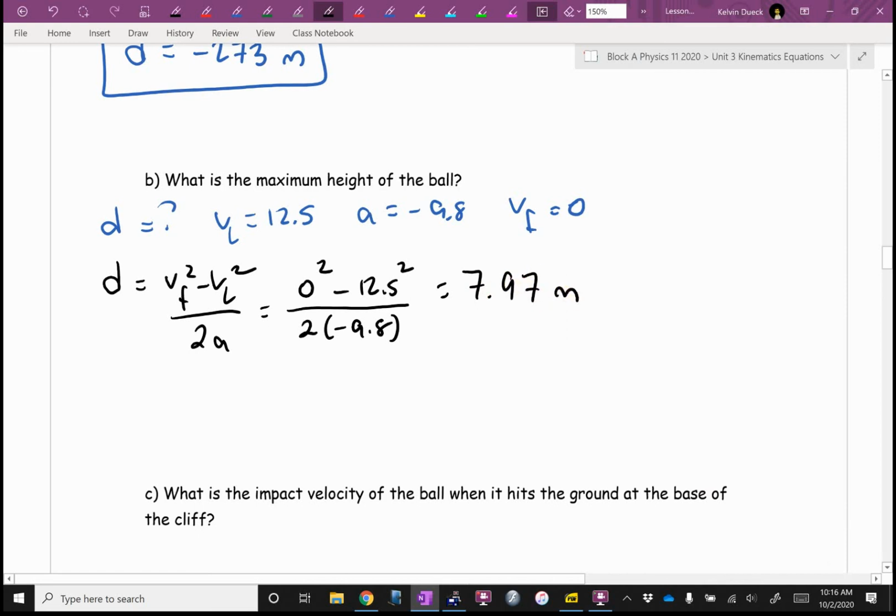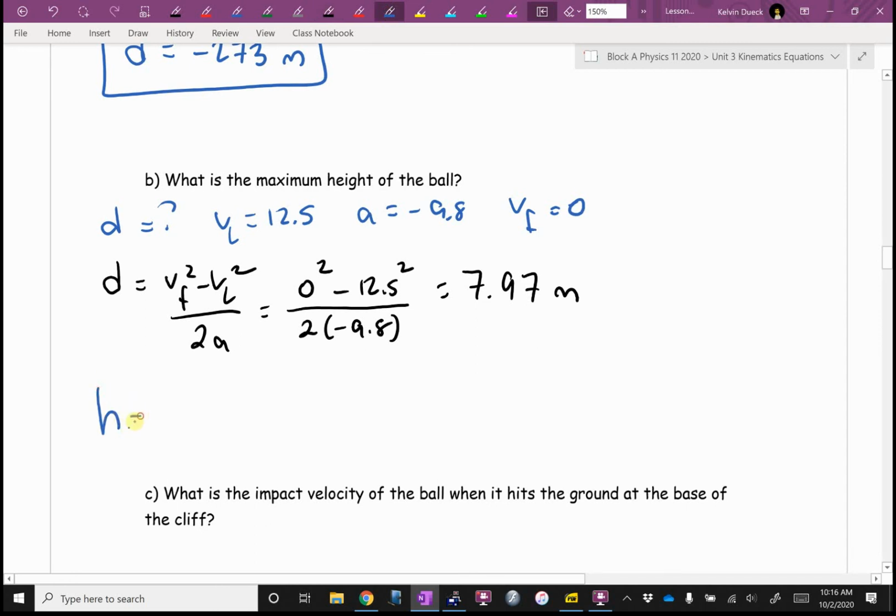Who can tell me why this has to be wrong? Because of the negative? No, we're okay with that. What we found is how high it went above where our feet are, the cliff. Ah, candy for you, my friend.